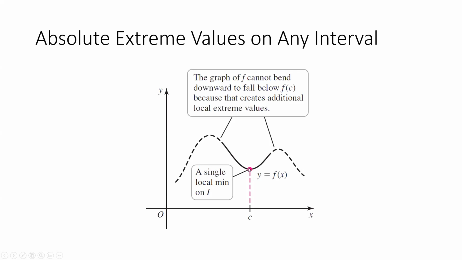The graph would need to turn around at some other points later on, so then you would have other points that are local extreme values. So just another way to picture it.